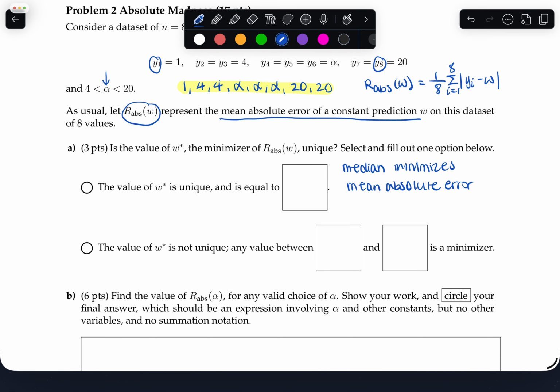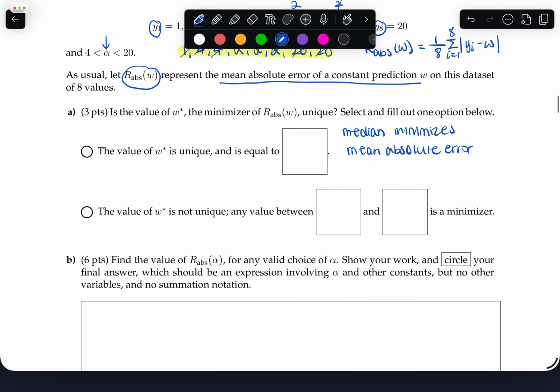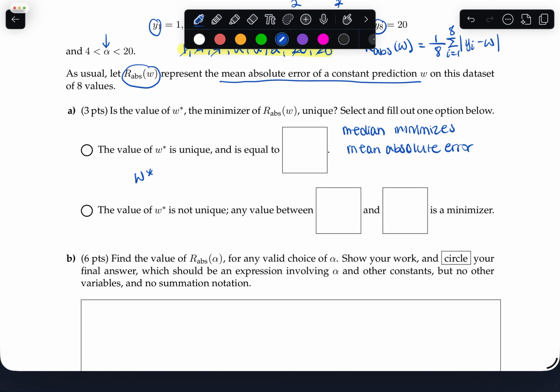To do this, we can see that it'll be the average of our fourth and fifth points, which are both alpha. So we can find the average of these two by adding them and dividing by 2, which is 2 alpha over 2, which is just alpha. So our W star is equal to alpha, and it is unique because we could find an exact value for it.